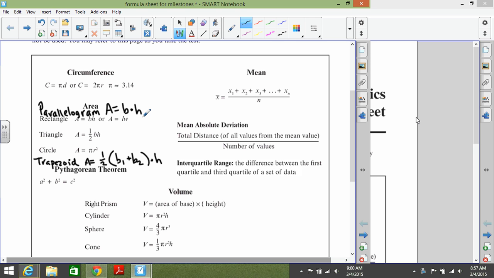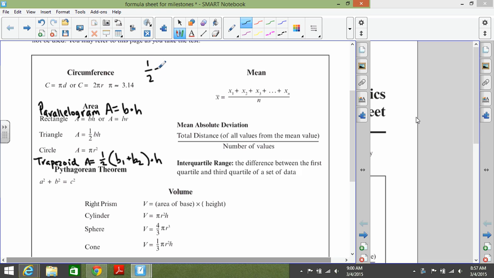Alright, so we're going to work with all of these area formulas today except for the circle because we did it yesterday. So parallelogram, rectangle, triangle, and trapezoid. I want you to go ahead and write this on your paper as well.